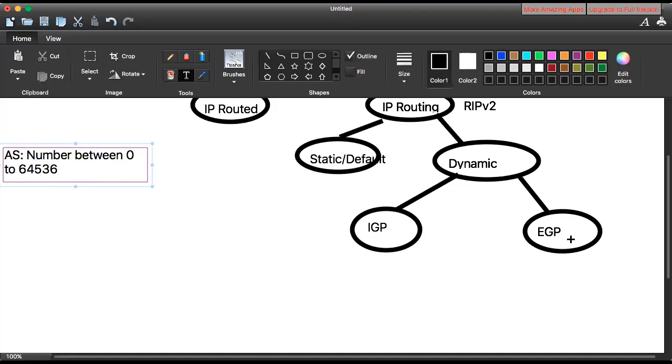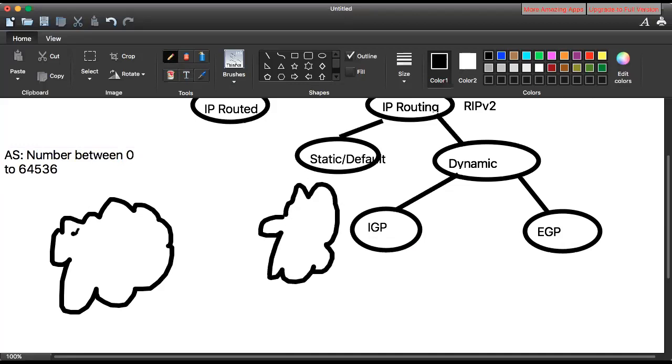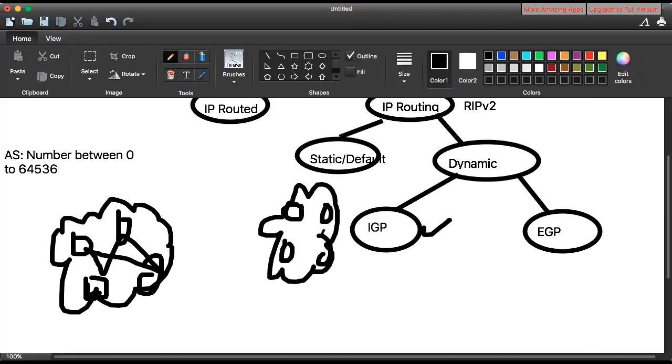EGP we use to advertise the prefixes between two AS numbers. What does that mean? For example, let's say this is one AS number and this is another AS number, and here I have the routers. These routers would exchange the prefixes using the IGP protocol. Here as well, we have routers inside, and we are going to use IGP.